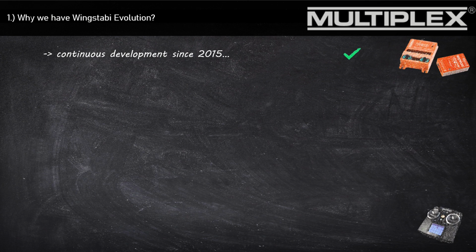We also looked at several types of aircraft: gliders, jet planes, aerobatic planes, and scale planes. We looked at where the Wingstabi works well and where there are points to improve it. What came out was a huge list of improvements, which we all implemented in the Wingstabi Evolution.